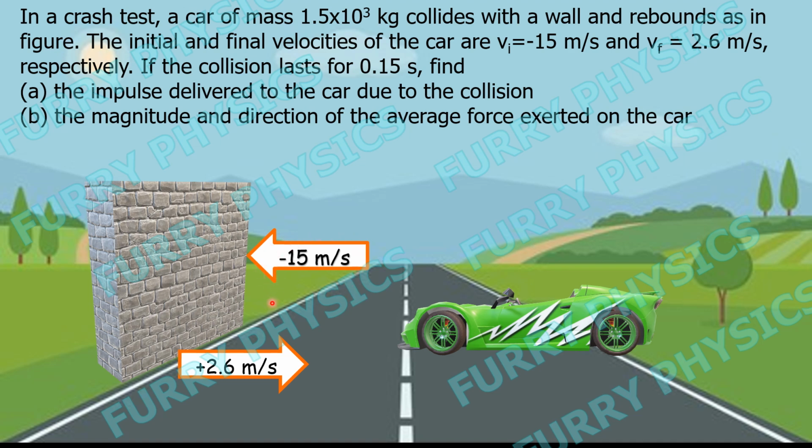And the final velocity is positive 2.6 meters per second. It's positive because it is going to the right. If the collision lasts for 0.15 seconds, find the impulse delivered to the car due to the collision and find the magnitude and direction of the average force exerted on the car.